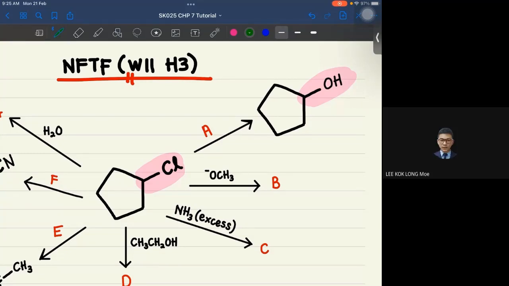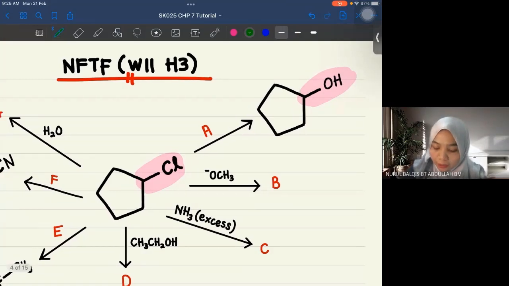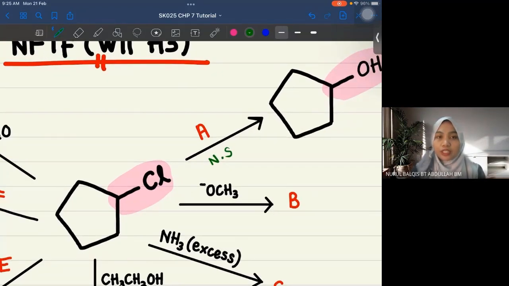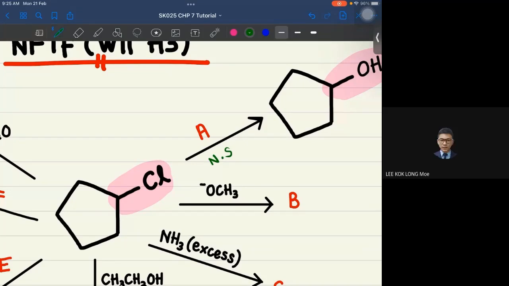Nucleophilic substitution. Okay, kita tahu kita akan undergo nucleophilic substitution. Good. Okay, what about the nucleophile to be added? Sebab dia minta awak suggest A. A ni sekarang siapa kita punya reagent nak guna? Reaction with siapa? Sodium hydroxide.